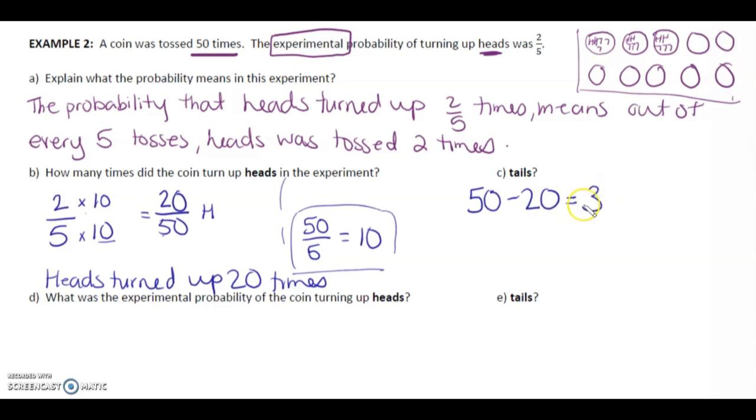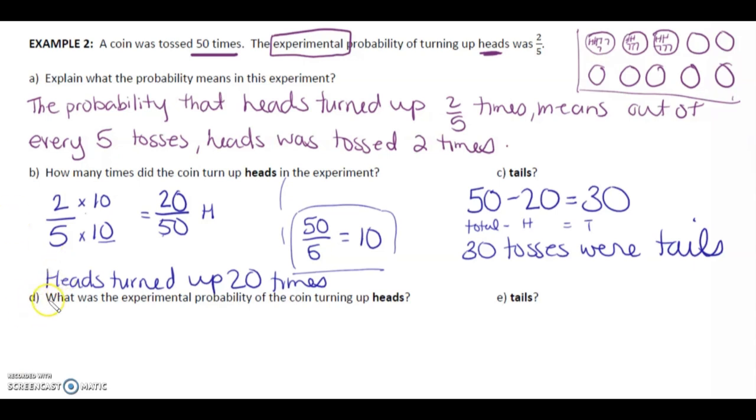Well, all the leftovers were tails. So 30 tosses were tails. Right? Because we do the total minus what we already accounted for, which was the heads. So we can say total minus heads will give us how many tails.